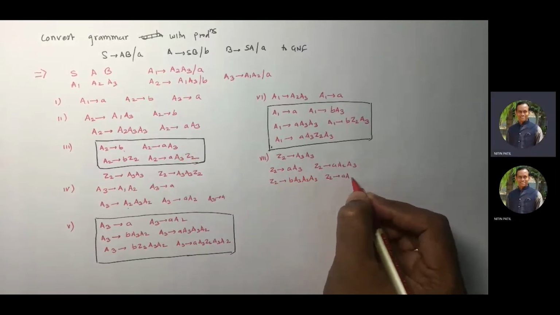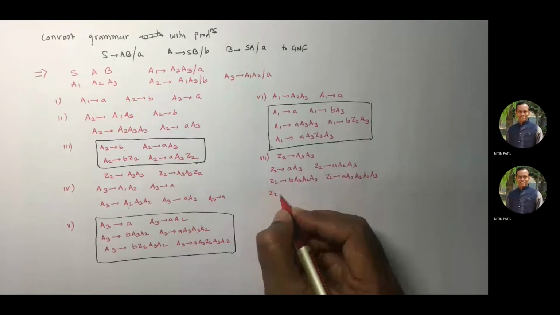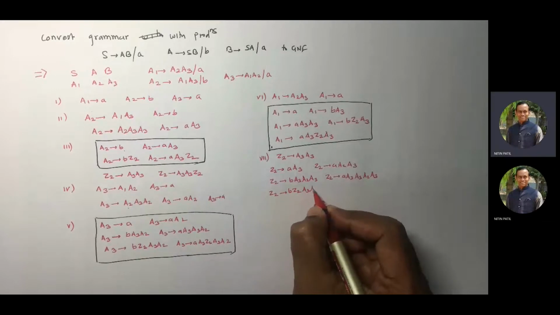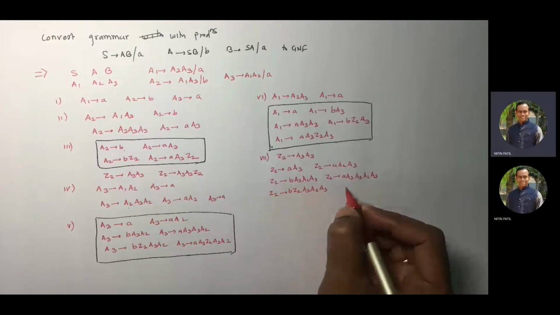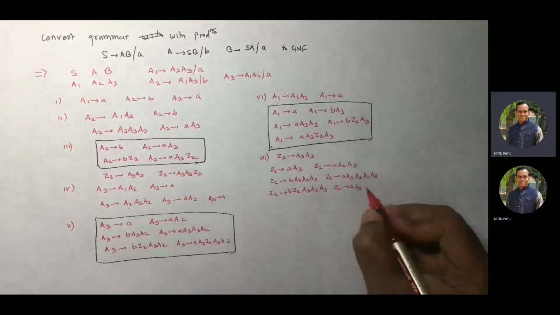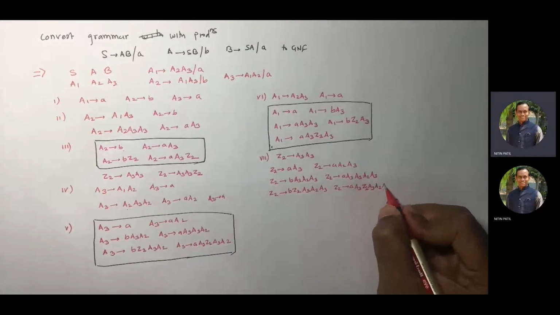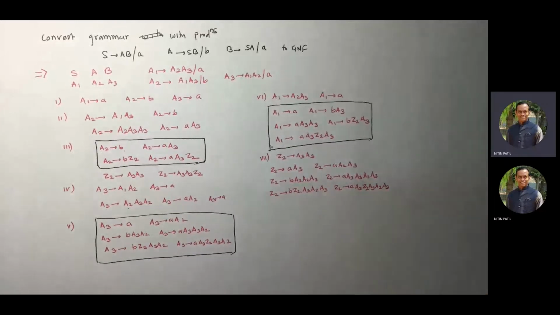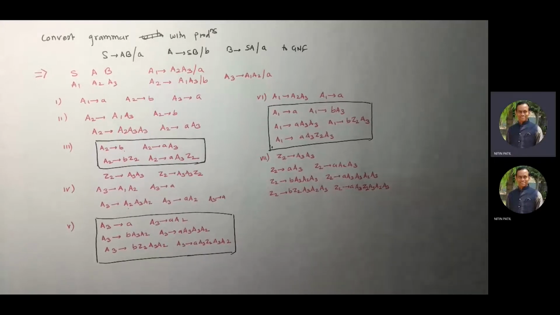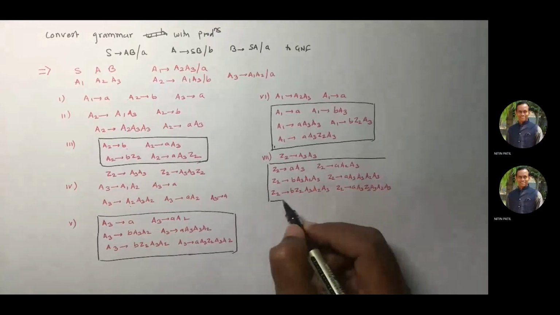Z2 gives A, A3, A3, A2, A3. Z2 gives B, Z2, A3, A2, A3. Z2 gives A, A3, Z2, A3, A2, A3. Correct? So these are again as per the required form. So we can mark them as done. So this is again in GNF.